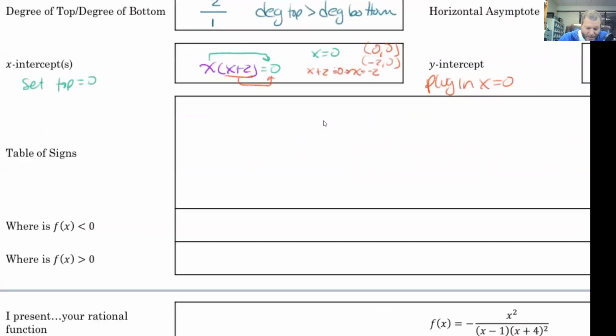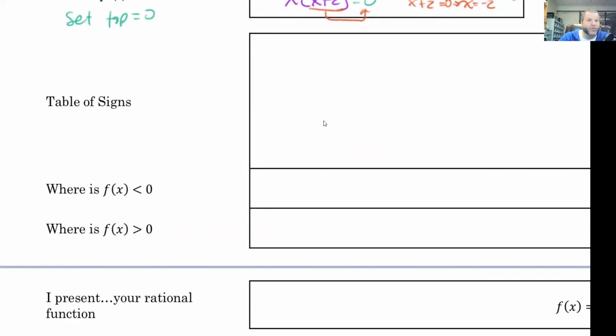In a table of signs, remember, we're breaking up our domain of all real numbers with vertical asymptotes and x-intercepts. A function can change from positive to negative by going through an x-intercept. A function can also jump from positive to negative by being on different sides of a vertical asymptote.